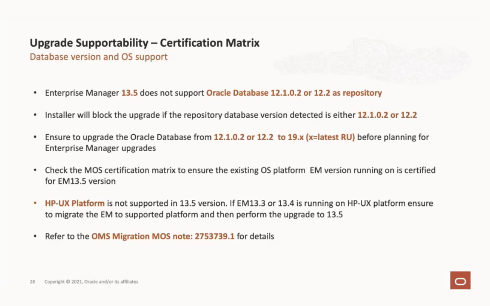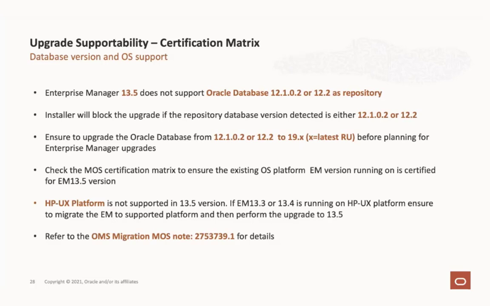They can easily migrate their OMS to a supported platform, for example, Linux. From HP UX, they can move the OMS to Linux, and once they have successfully migrated their environment from HP UX to Linux, they can validate the environment, and from there, they can upgrade their environment to 13.5. When they try to upgrade from HP UX 13.3 directly to 13.5, they will not be able to do it because the software itself is not available.